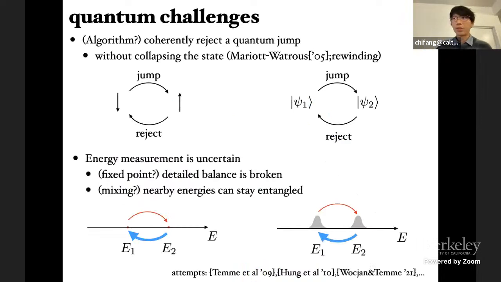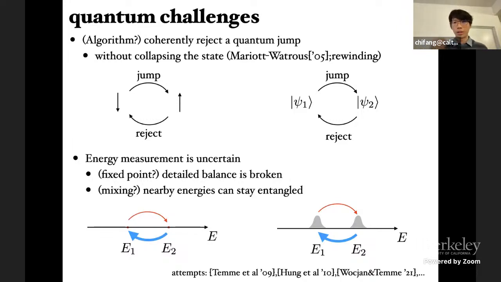However, there have been severe challenges that are intrinsic to quantum mechanics. What are they? So algorithmically, the rejection step turns out to be quite delicate. Classically, you can easily reject a move just by cloning the previous state. Or you can unjump and go back to the previous state. You can do this many ways.